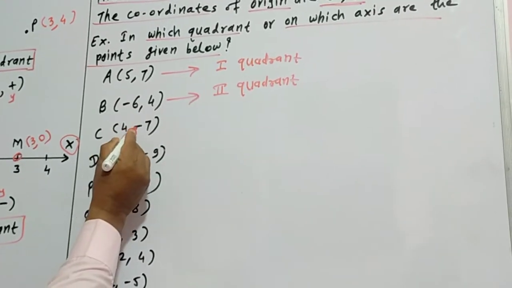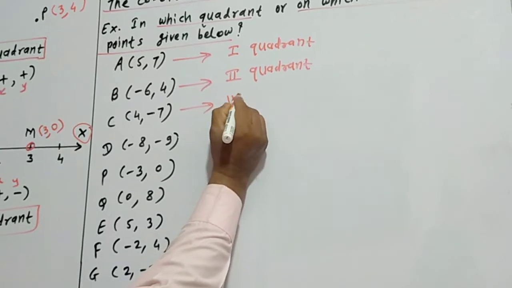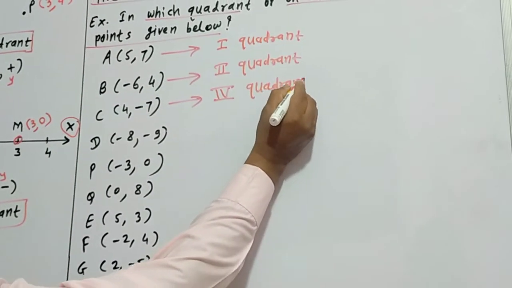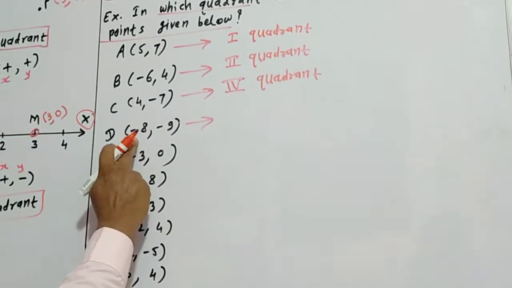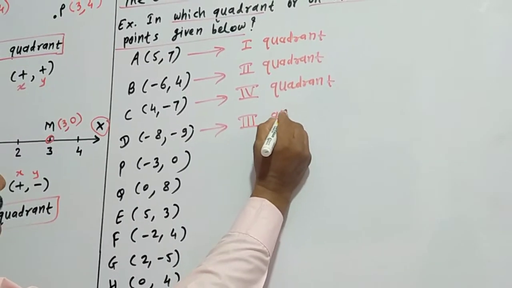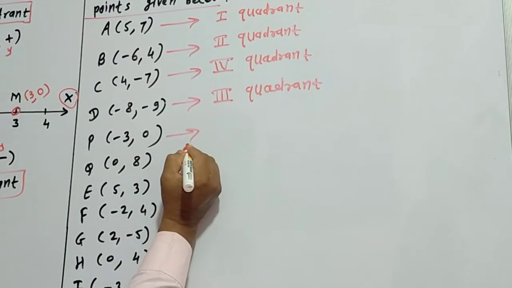The x coordinate is positive, the y coordinate is negative, so it is in the fourth quadrant. Now D (-8, -9). Both are negative. It is in the third quadrant. So in this way you can write their quadrants.